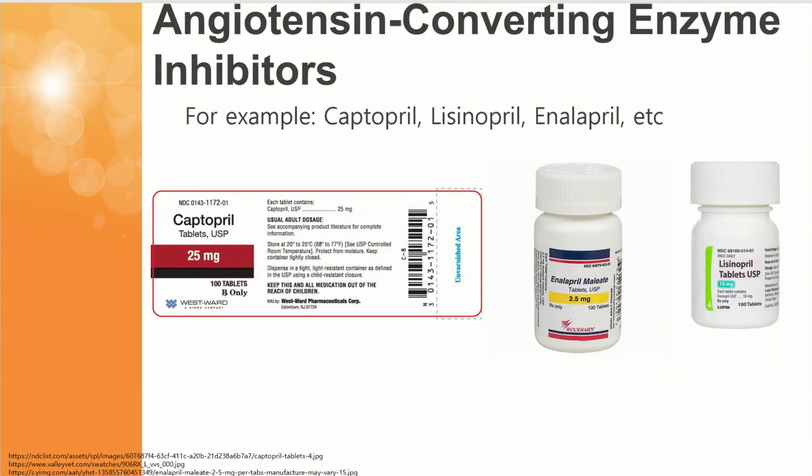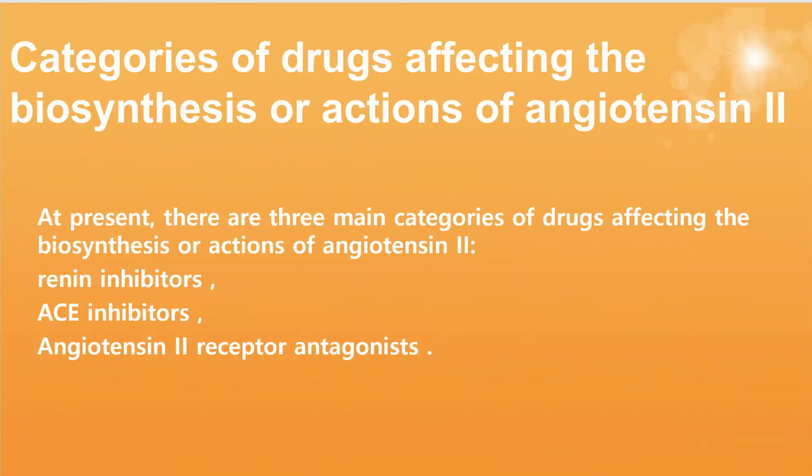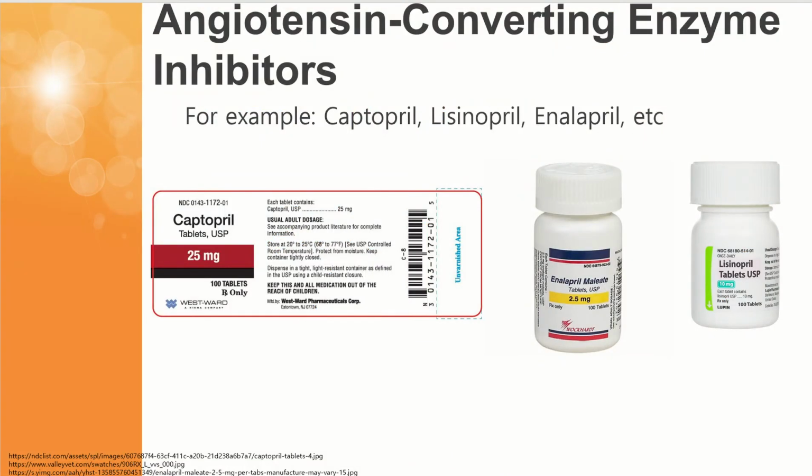All right, so we're going to be looking at a few types of drugs. The first type that we're going to look at is angiotensin-converting enzyme inhibitors. So these are our ACE inhibitors. So we have some examples here.